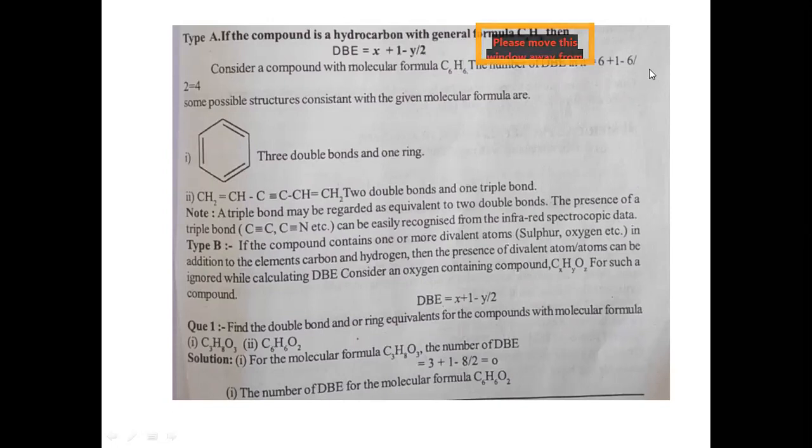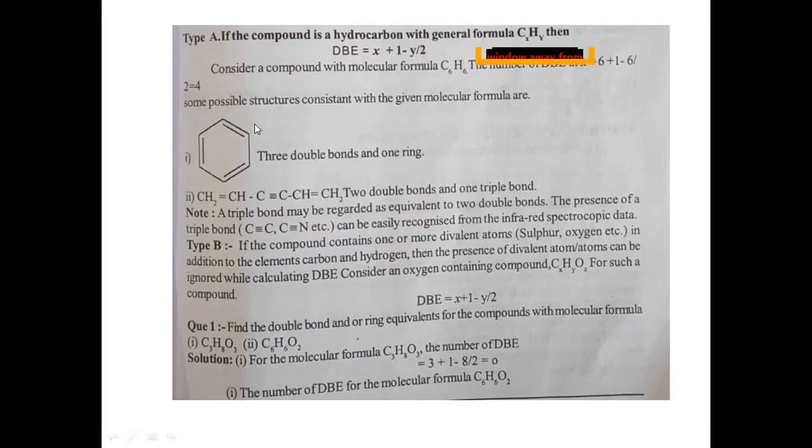C6H6 formula is given here. Now 6 plus 1, 7 minus 6 upon 2 is equal to 4. Okay.